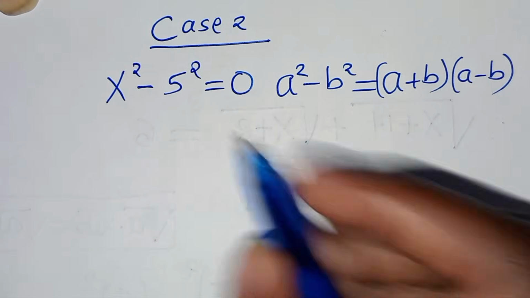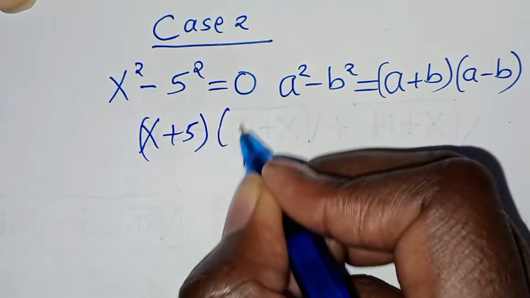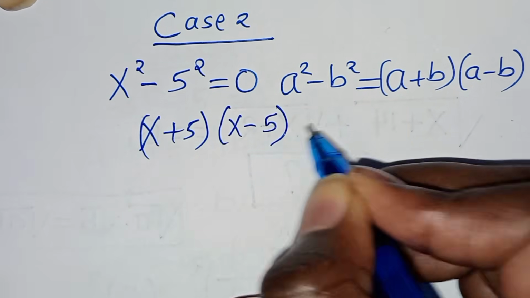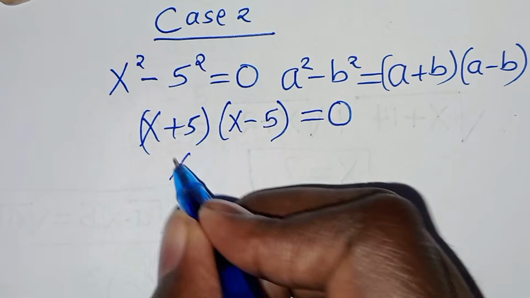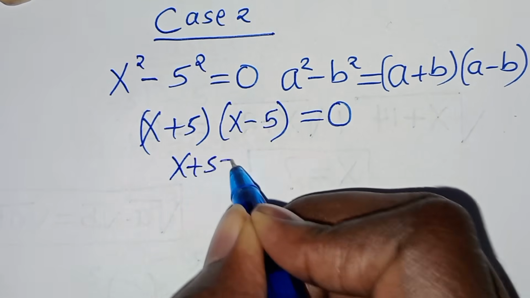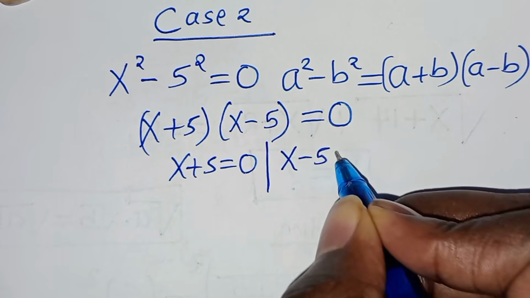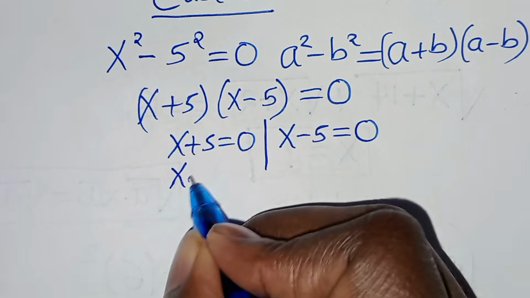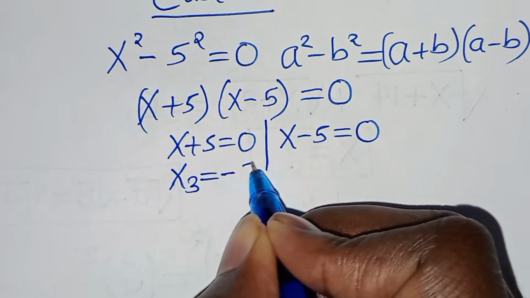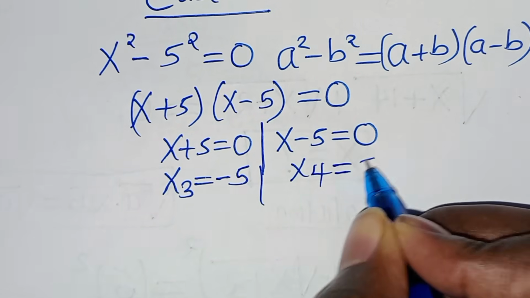So we have x plus 5, x minus 5, equal to 0. This implies x plus 5 equal to 0, and the second part is x minus 5 equal to 0. So we have that x3 is equal to minus 5, and x4 is equal to 5.